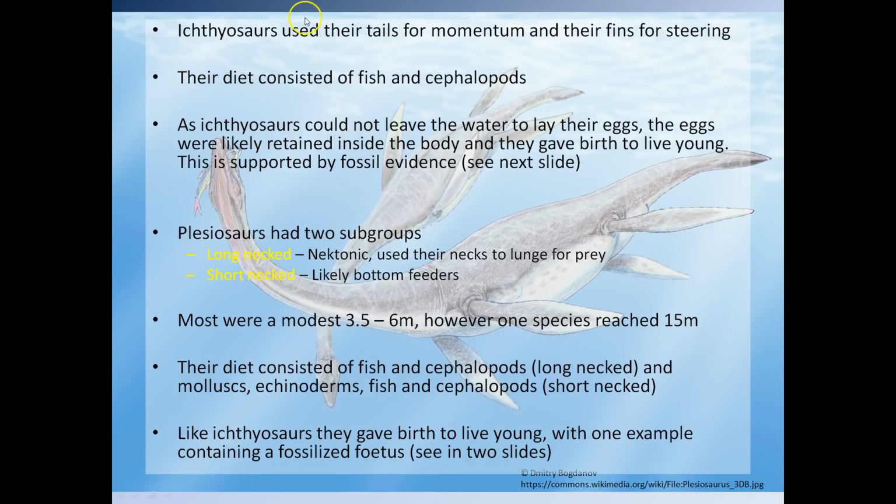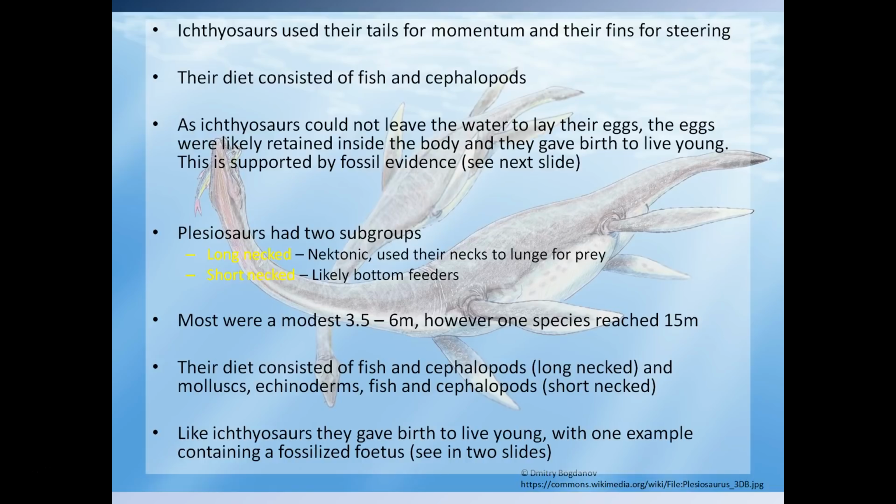So ichthyosaurs will have used their tails for momentum and their fins for steering, just like modern-day sharks or modern-day dolphins. And from what we can see, their diet consisted mostly of fish and cephalopods. That's animals like squid and octopi. So we know obviously that ichthyosaurs could not leave the water, and obviously being reptiles, well, from what we know about reptiles, they like to lay eggs.